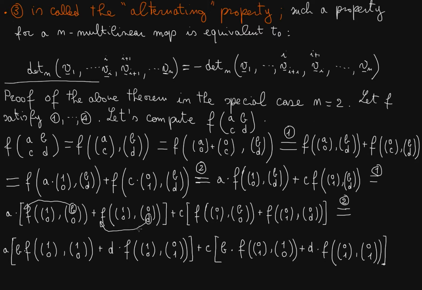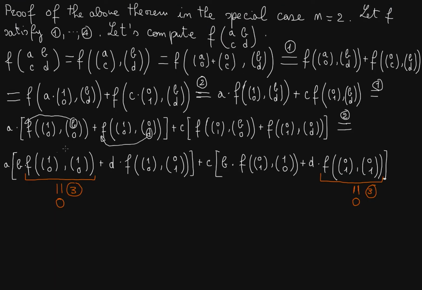And then the second summand will be D times f of (1, 0), and then 0D, it remains (0, 1). And then here in the C summand, we have first B coming out of f, and then D again coming out of f.